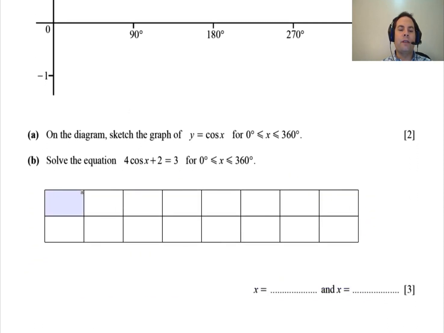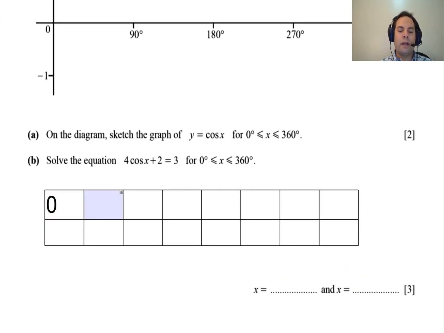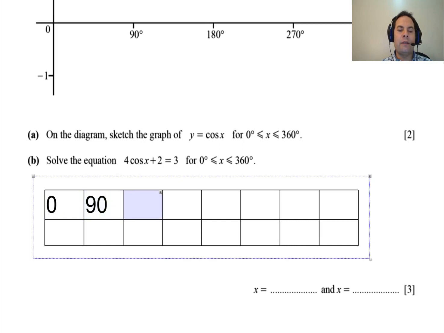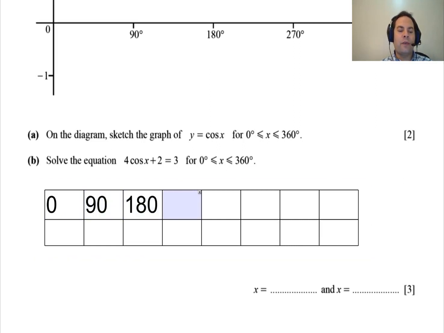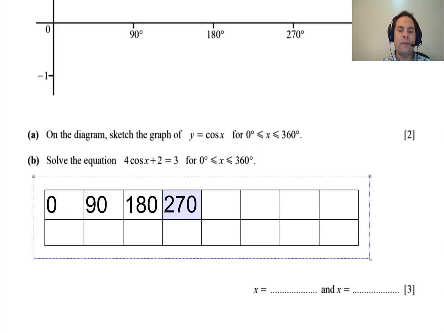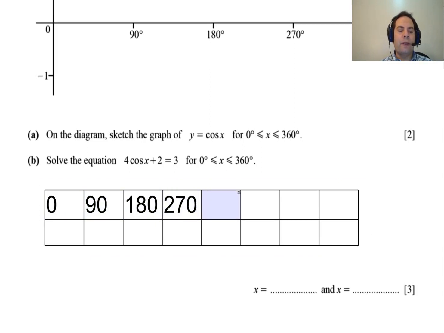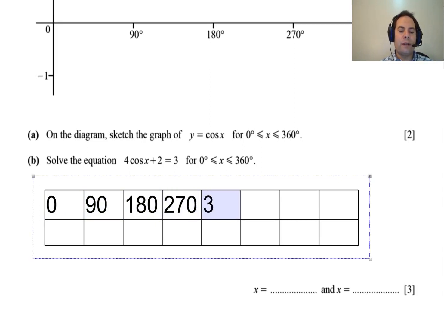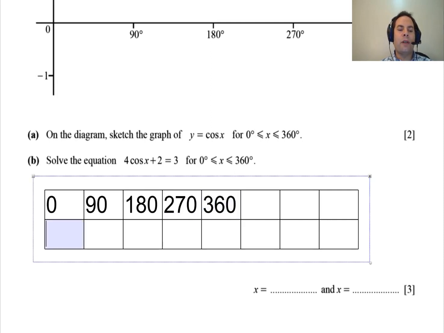Let's start to write here 0, 90, 180, 270, 360. If you try to get cosine 0, you will get 1. Cosine 90 is 0. Cosine 180 is -1.